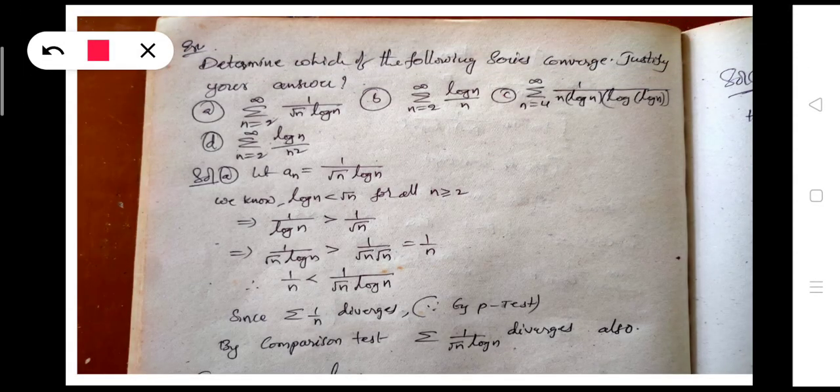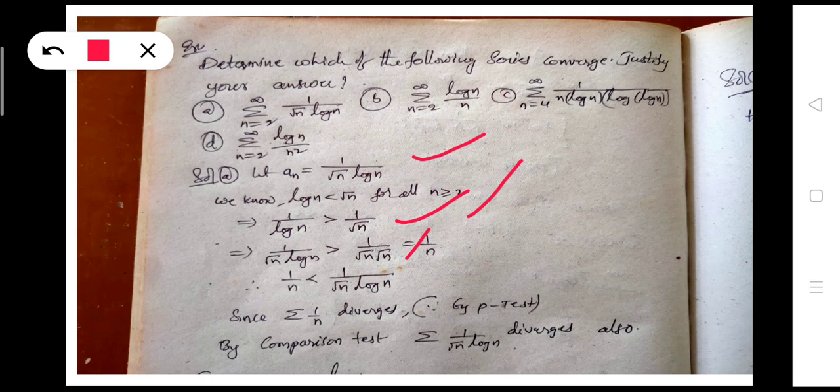So solution A, let a n is equal to 1 by root n log n. We know that log n is less than root n for all n greater than or equal to 2. And the reciprocal of log n less than root n is written as 1 by log n greater than 1 by root n. And multiply both sides by 1 by root n: 1 by root n into log n greater than 1 by root n into root n, that is equal to 1 by n.